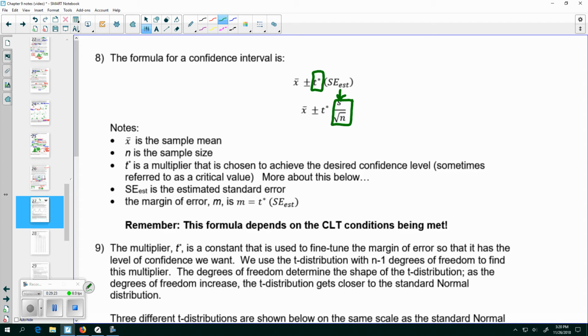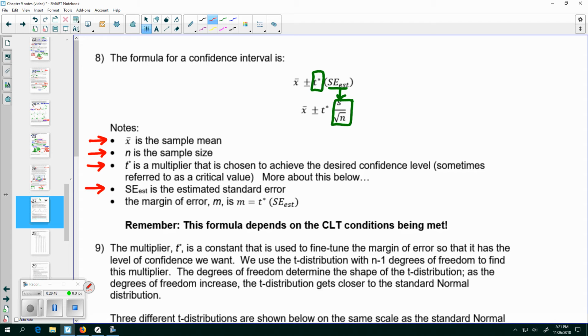All right, so some notes below about all these symbols, just some reminders. First one, remember that x with the bar on top, or x bar, is your sample mean. Lowercase n is your sample size. T star is your multiplier, and it's chosen to achieve the desired confidence level, sometimes referred to as a critical value, just like chapter 7. And there's a little bit more about this below that we'll get to.